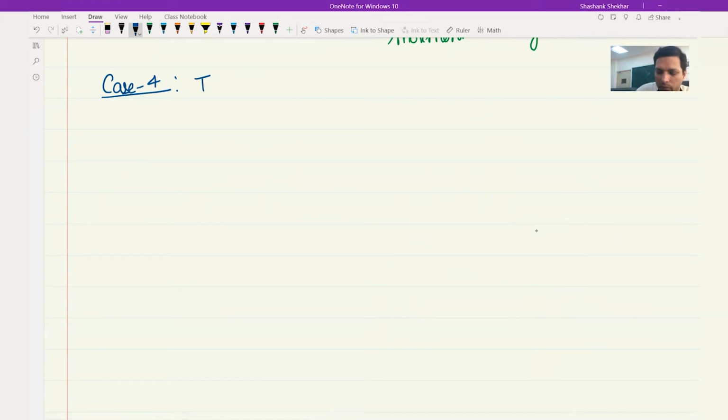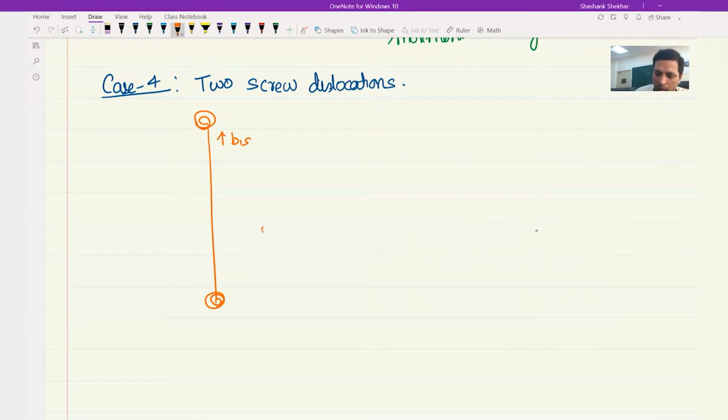So we will have two screw dislocations, and let's draw it like this. One is over here with Burgers vector like this, and the other one is like this.